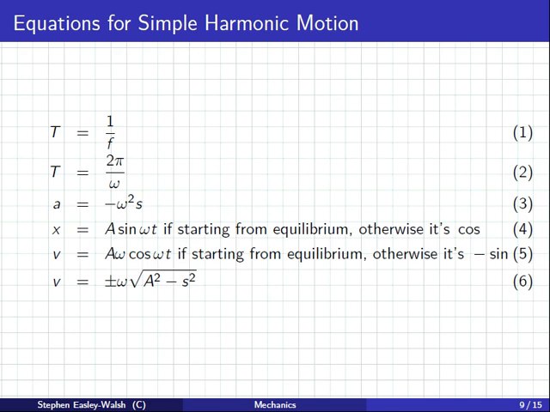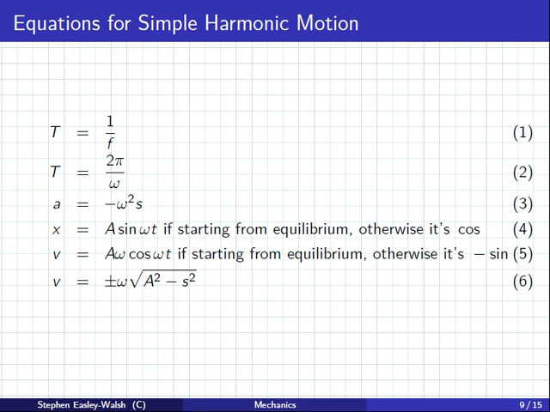So that's when S is 0. So if S is 0, according to this formula, what is the maximum velocity? Omega A. Do I care about the minus? Well, really, I want maximum speed, so I don't care about the direction.